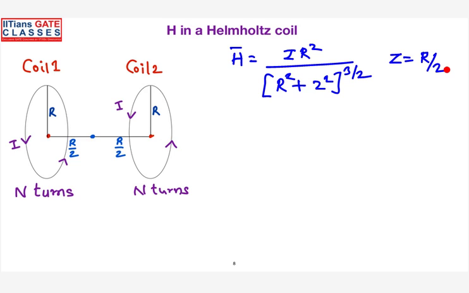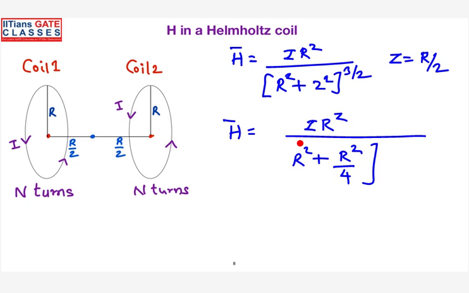So you can substitute that and tell me the answer. That is nothing but R square by 4 whole power 3 by 2. 8I by 5. No, what happened to R? Please cross check. So this you are going to get 5 by 4 whole power 3 by 2.